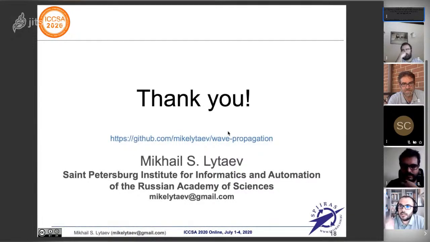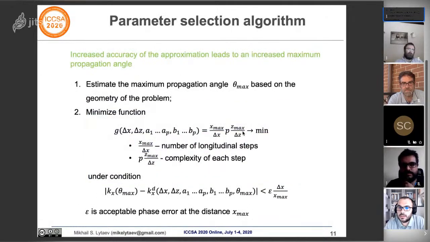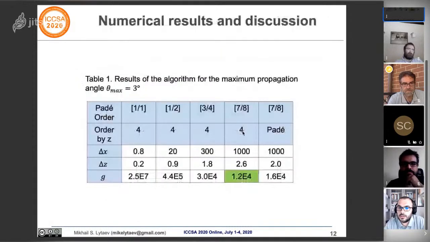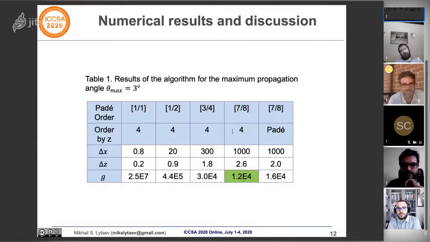Okay. No, the numerical scheme under consideration is not exactly mine. Mine is the method for determining the optimal computational parameters. But we can compare, for example, the standard Crank-Nicolson approximation, which is widely used, and the higher order Padé approximations, which were considered in this paper.